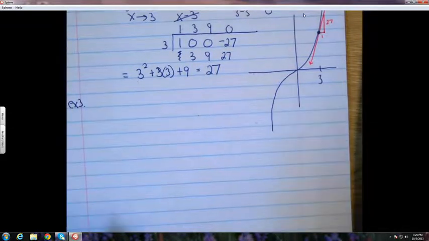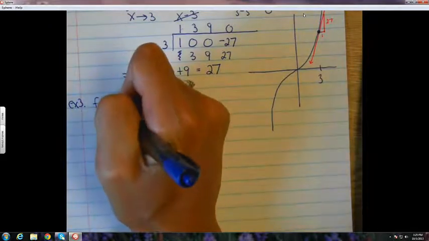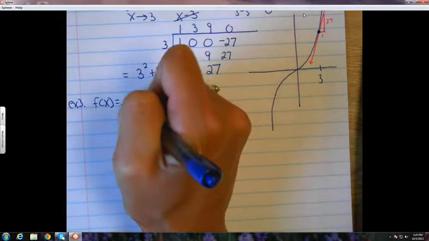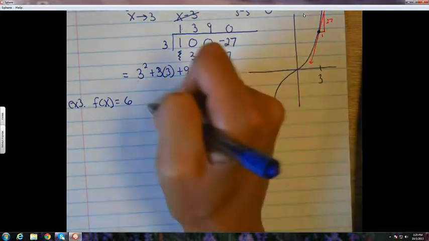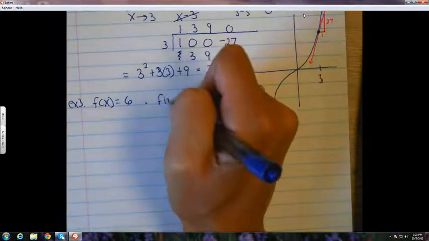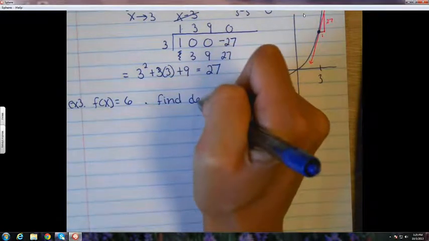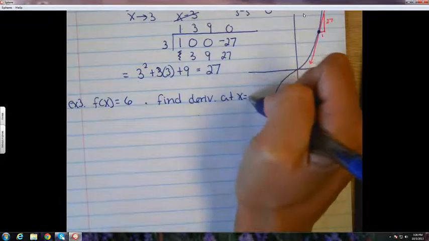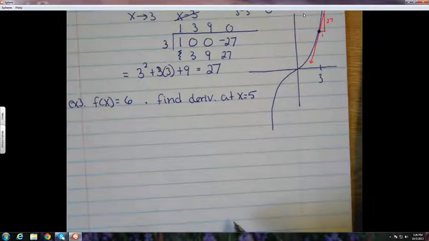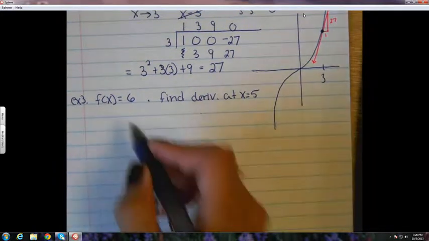Okay, one more. F of x equals 6. Can you find the derivative at 5? Okay, let's take a look at that graph first.